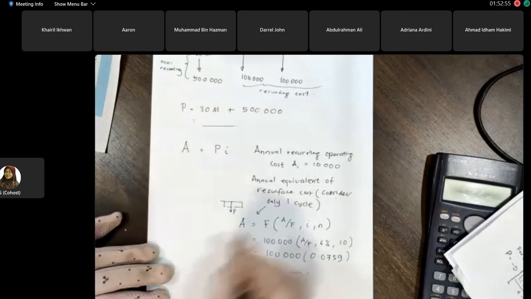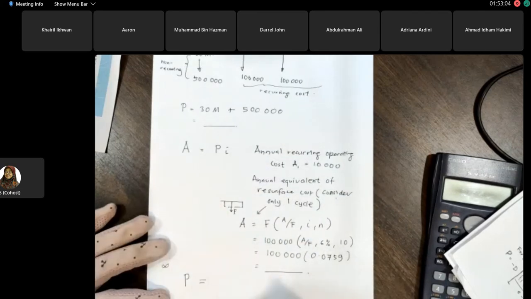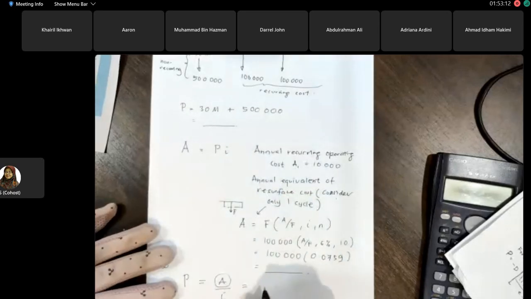So then you know that to convert all to the P, for the infinity case, P equal to A per i. So here A, you have the A from the first, the 10,000 ringgit plus this one. How much do you get?